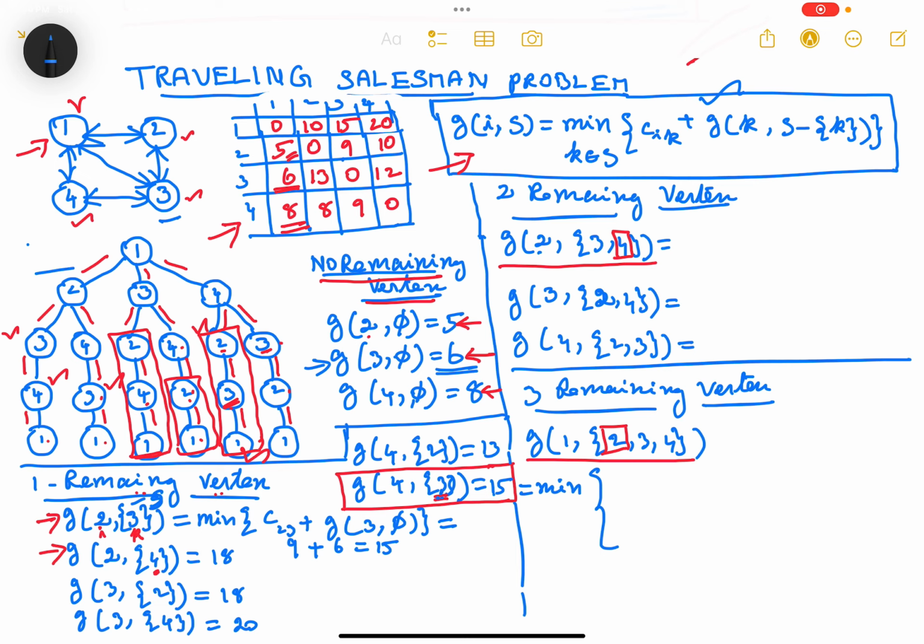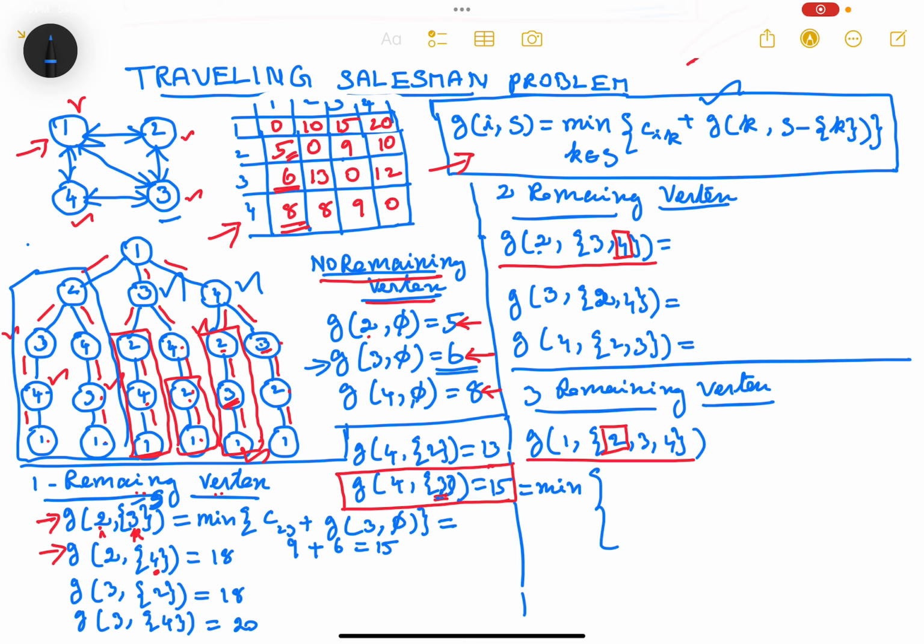From 2 to 1, using 3 and 4 as the intermediate vertices, what is the shortest path? Similarly, from 3 to 1, using 2 and 4, and from 4 to 1, using 2 and 3 as intermediate vertices. That is the calculation we are going to do here.